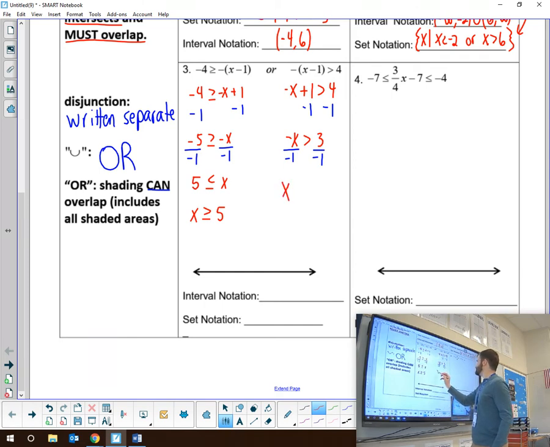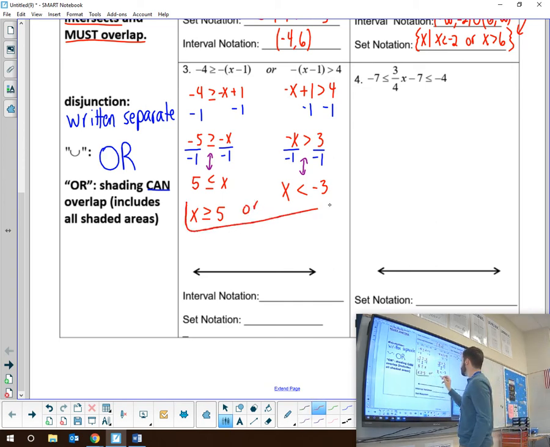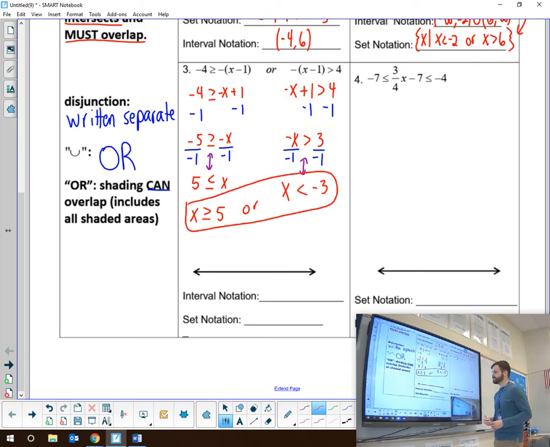And x is going to be less than negative 3. Remember to flip your inequality signs if you multiply or divide both sides by a negative number. All right, so here's my answer. I have x is greater than or equal to 5, or x is less than negative 3.